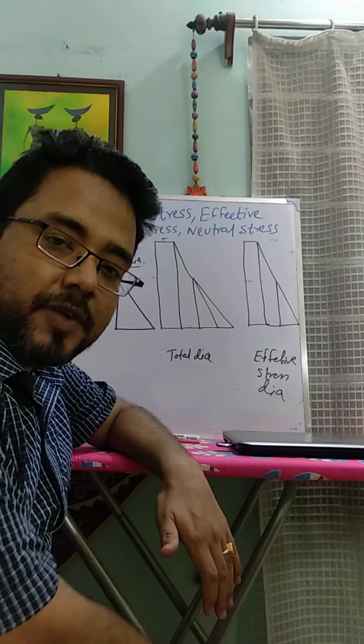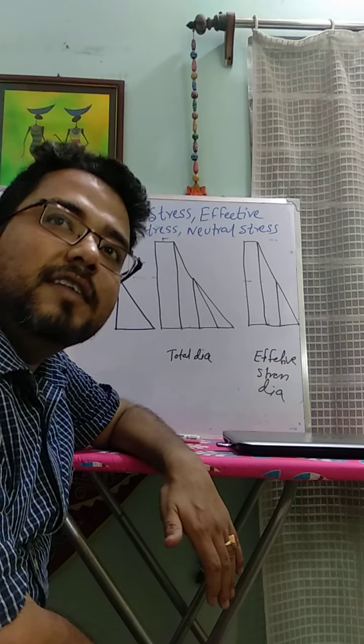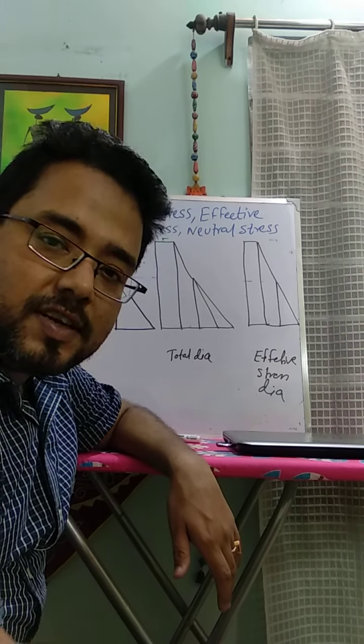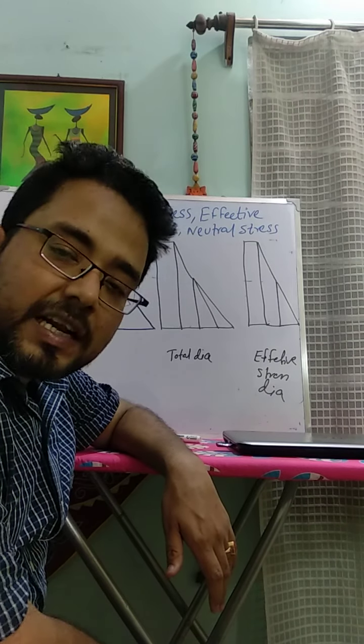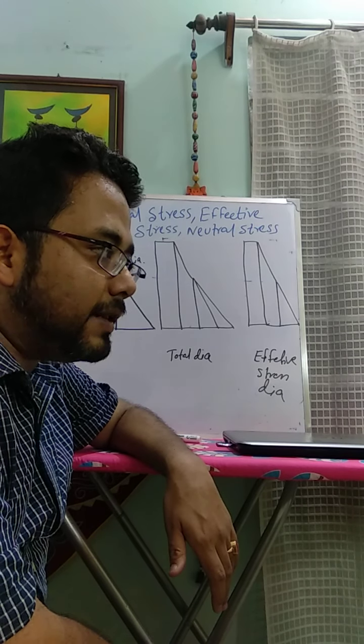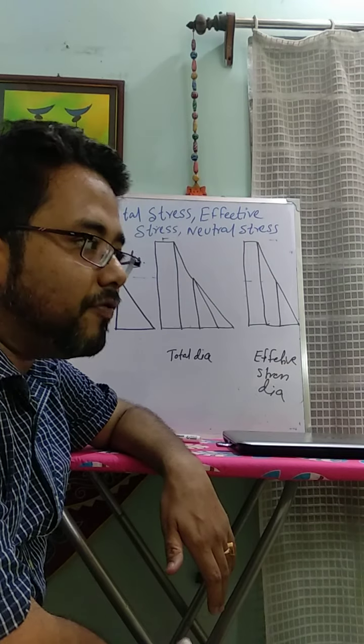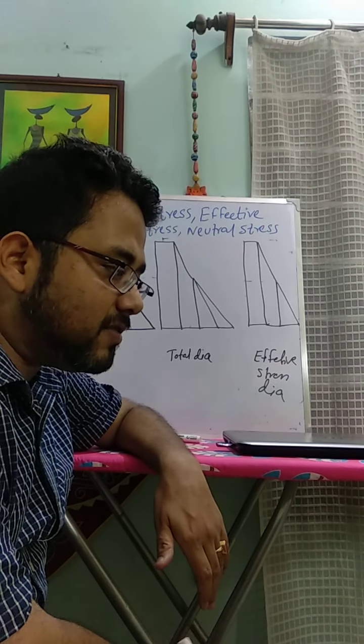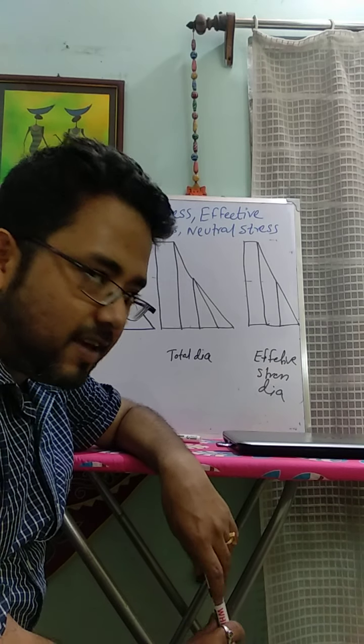In my previous video I discussed the total stress, neutral stress and the effective stress, and the diagram of effective stress up to case 4. Today I discuss case 5 and case 6.